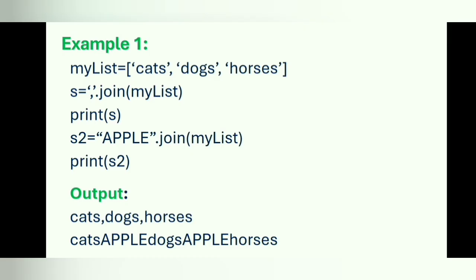The output is catsappledogsapplehorses. Here all items of the list are joined into one string by using the word apple as a separator. Remember that join is called on a string value and is passed a list value. The string join method returns a new string where all items in an iterable are joined into one string by using a string separator.